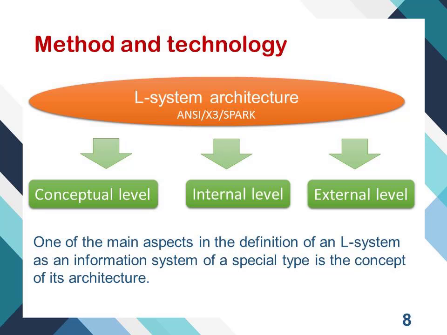One of the main aspects in the definition of lexicographic systems as an information system of a special type is the concept of its architecture. We use the ANSI X3 SPARC architecture consisting of three levels of data representation: conceptual, internal and external. The conceptual model or conceptual level of representation of the subject area is a semiotic semantic model in which the concepts of the subject area are integrated in an unambiguous, final and consistent way.